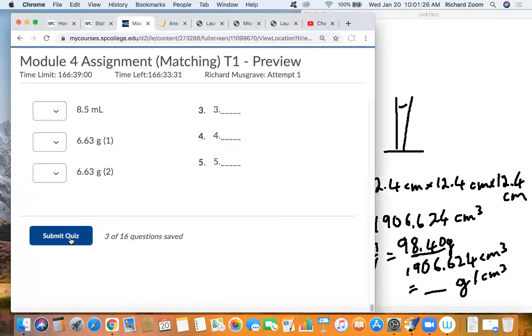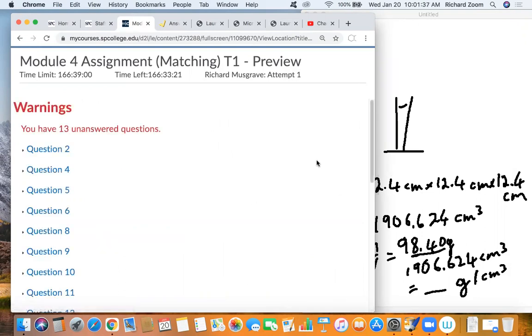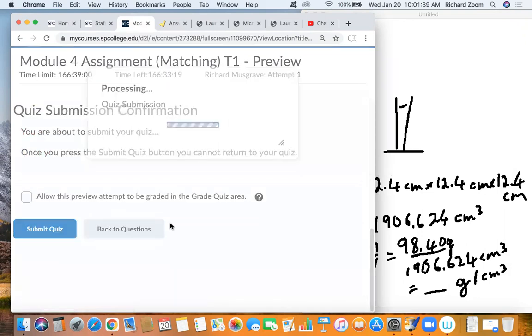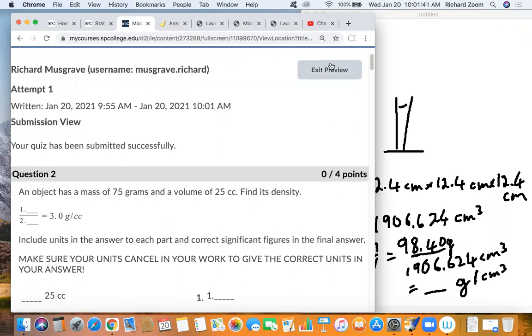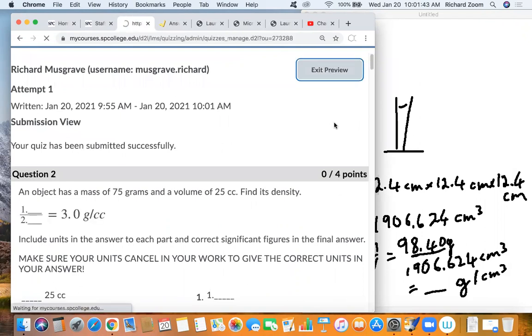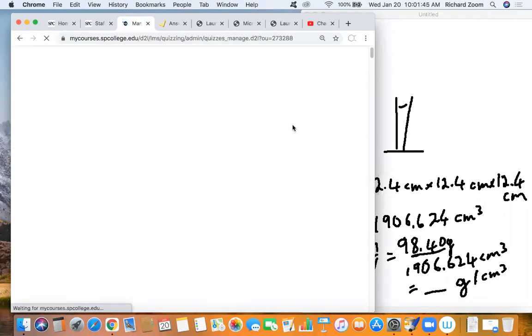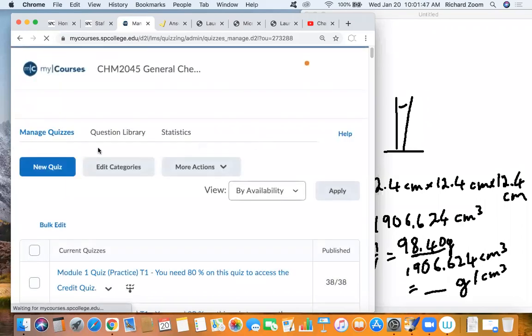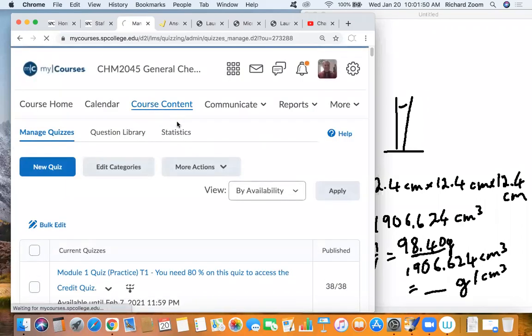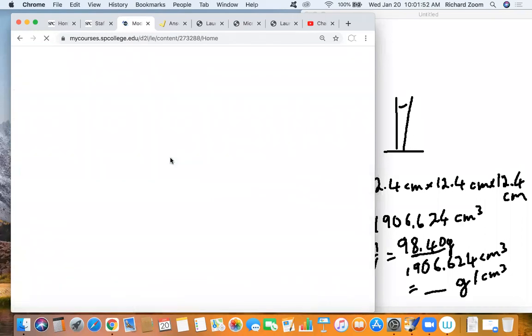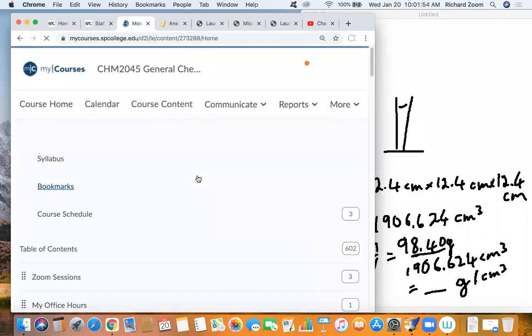I don't think it's going to be a real challenge for folks.